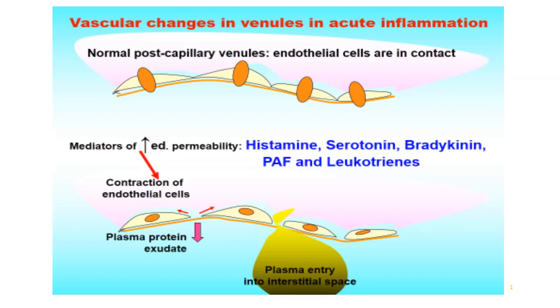In acute inflammation, with the formation of chemical mediators of increased vascular permeability, such as histamine, serotonin, bradykinin, platelet activating factor, and leukotrienes, these chemical mediators cause contraction of endothelial cells, leading to the widening of intercellular gaps, which permit the plasma and plasma protein to leak from the lumen of blood vessels into the extravascular spaces or interstitial tissue.